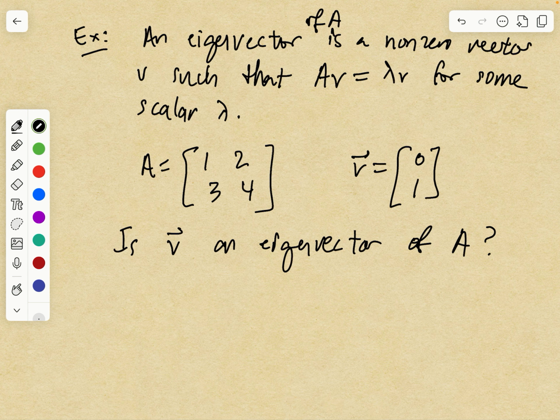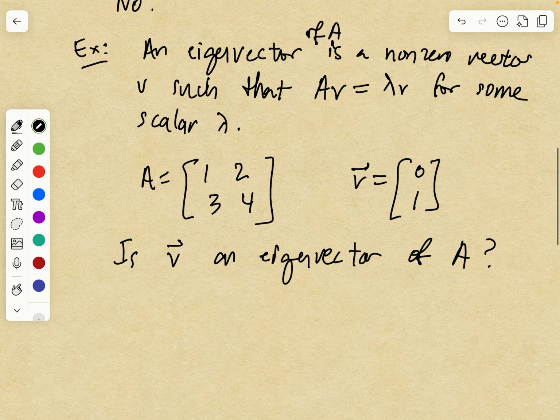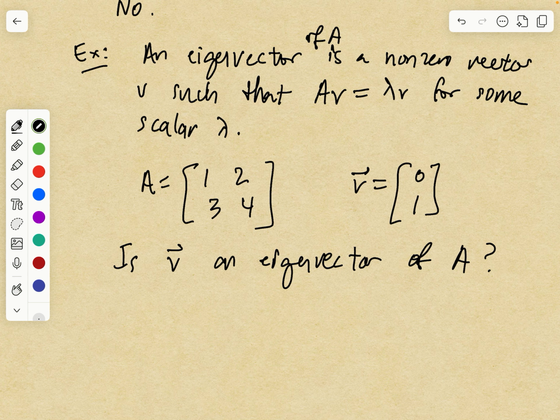Again, this is something where we apply the definition. We have this question, is v an eigenvector of A? What word do we need to understand the meaning of before we can answer this question? We need to know what an eigenvector is. The word eigenvector is a technical term and it has a technical meaning.